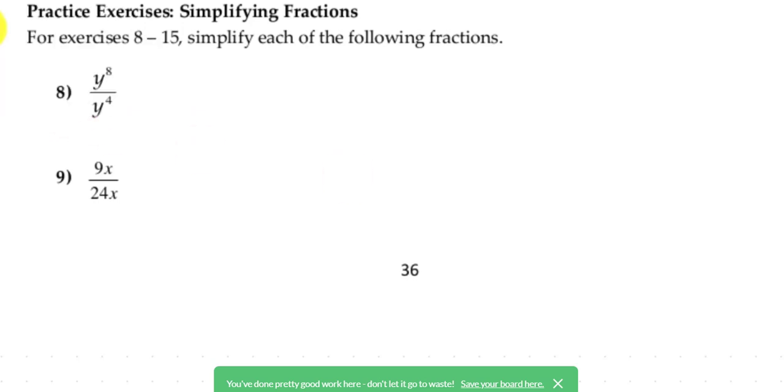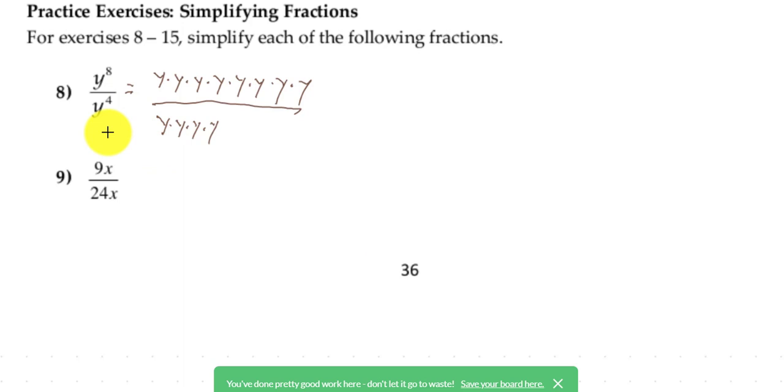So you could write y times y times y 8 times. 1, 2, 3, 4, 5, 6, 7, 8. That's my numerator, and on the bottom it's y written 4 times. So that's 4 y's on the bottom and 8 on the top.